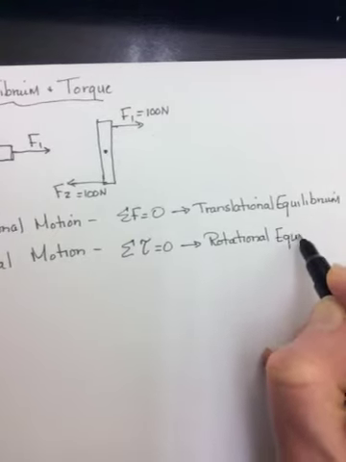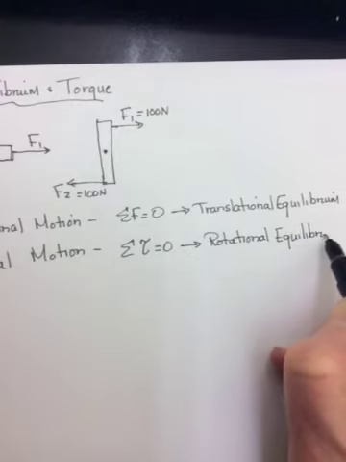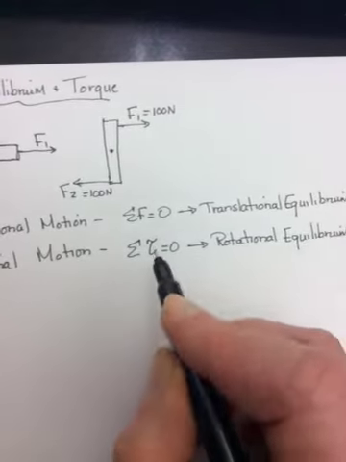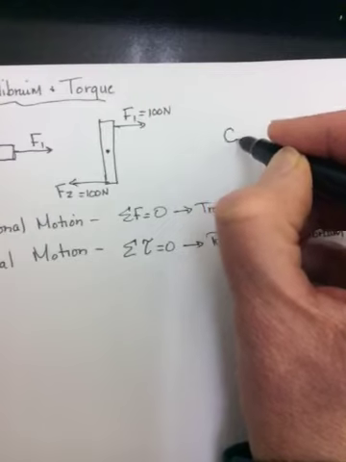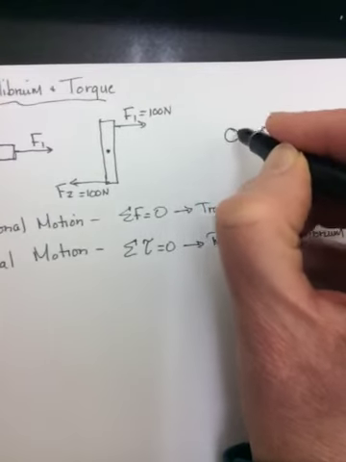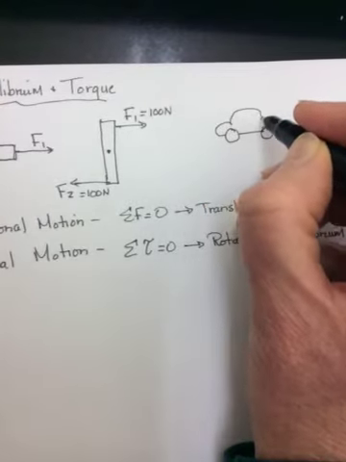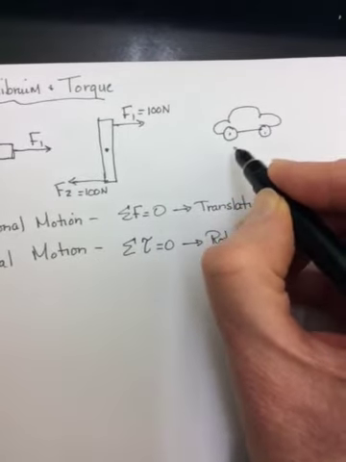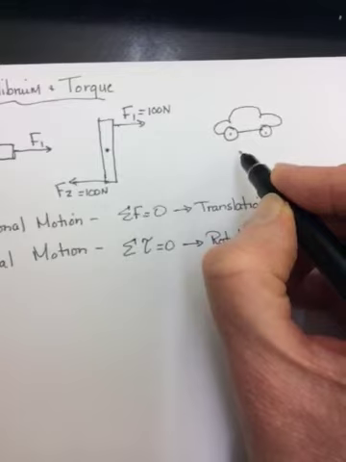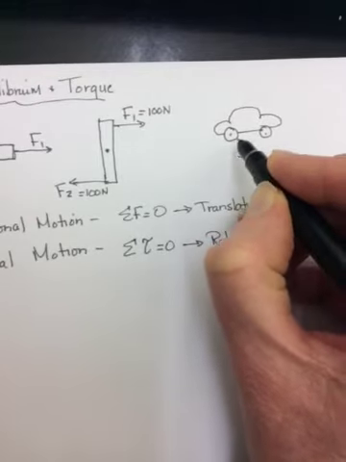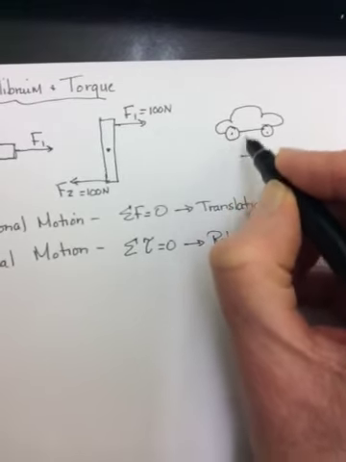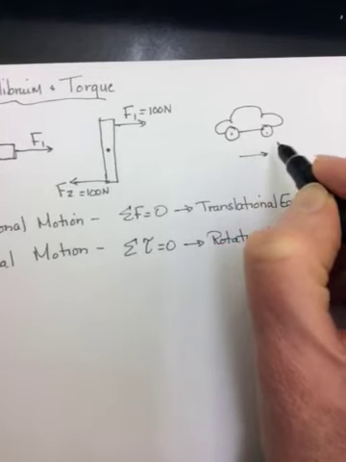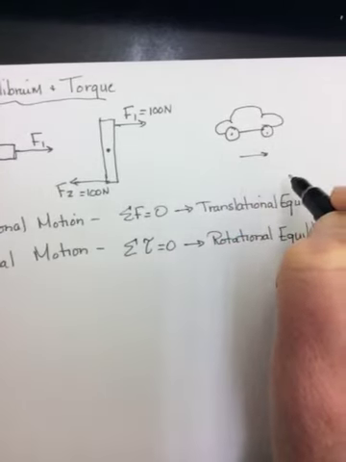In real life, one can be true and not the other, or they can both be true. Think about the wheels on a car. Right? On a good day, they are both rotating and translating. They are rotating around their center, and they are also moving down the road.